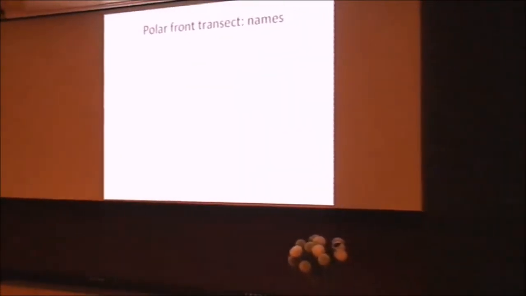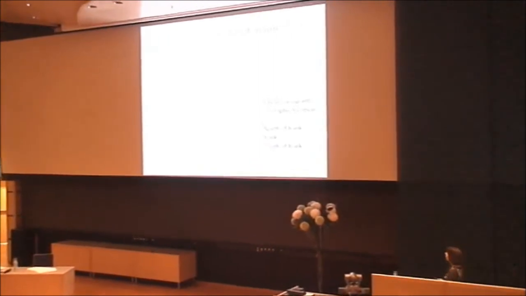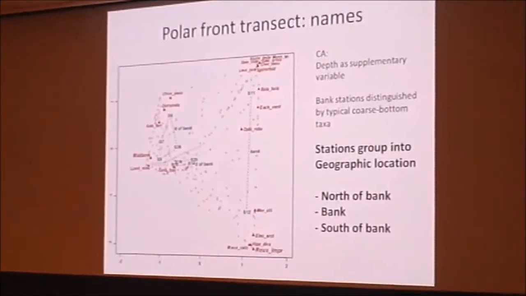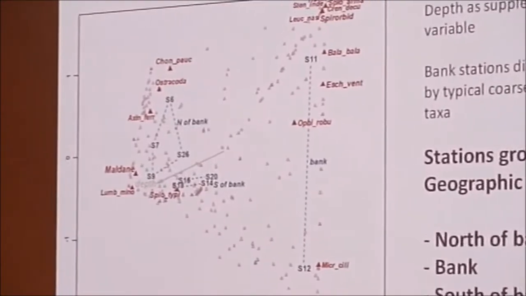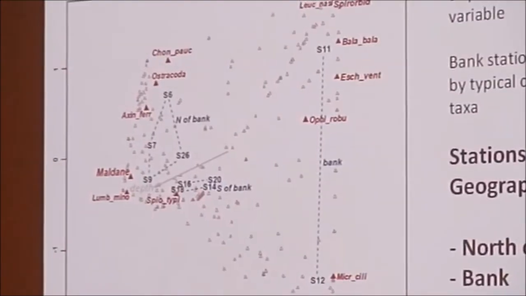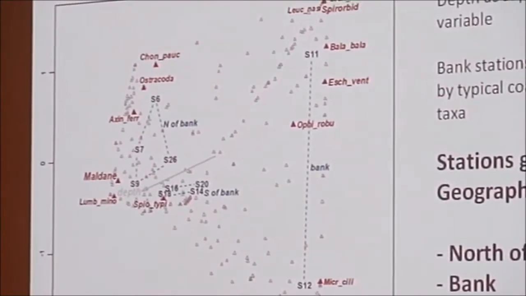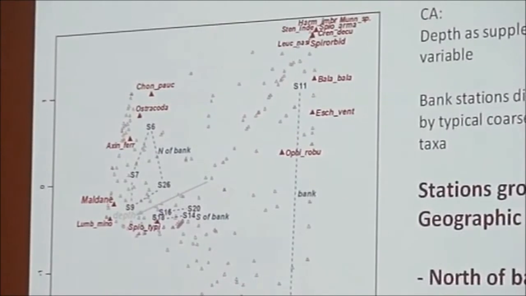So using traditional taxonomic names, what you're looking at here is a correspondence analysis. The blue numbers here, these are stations, and generally the closer together these stations are, the more similar they are, and the wider apart, dissimilar. The red names, these are taxa that are characteristic of stations.